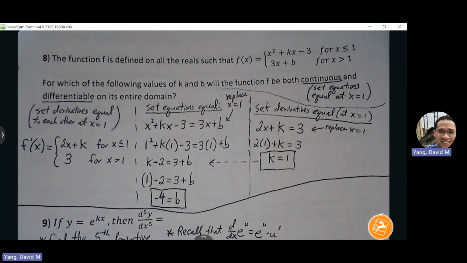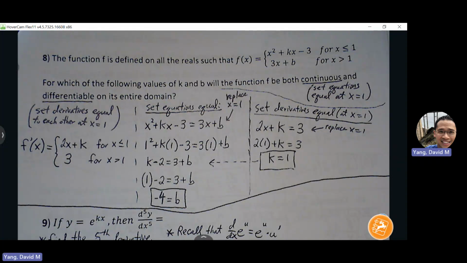Now you guys saw something like this on the quiz, where you have to set the equations equal to each other and set the derivatives equal to each other. So don't let k and b throw you off. Treat them like you would if they were numbers.